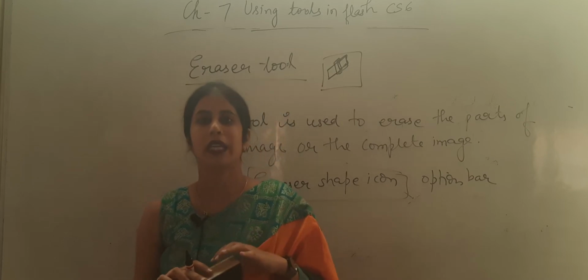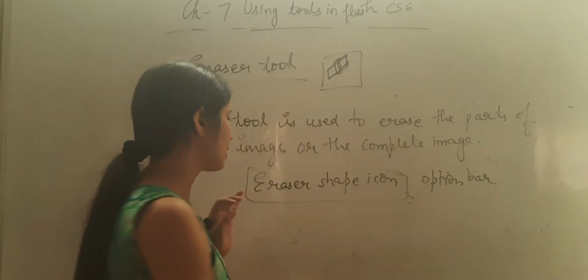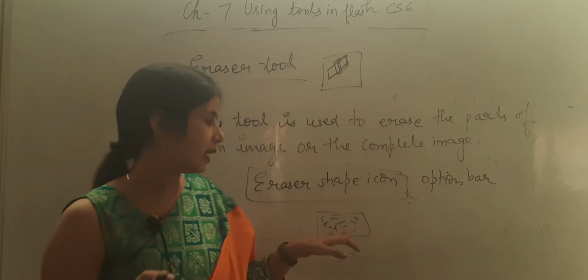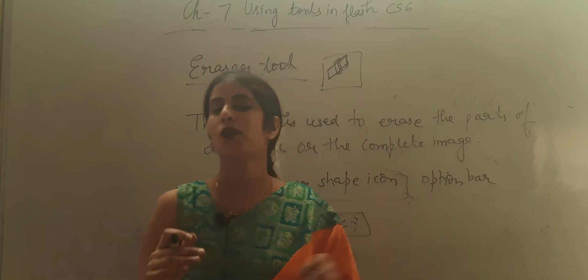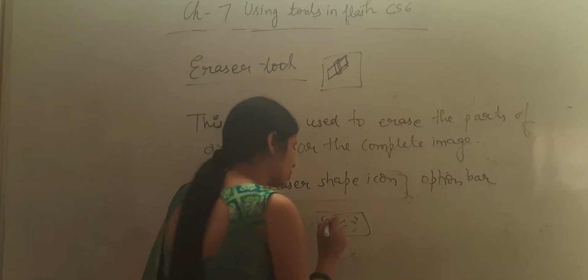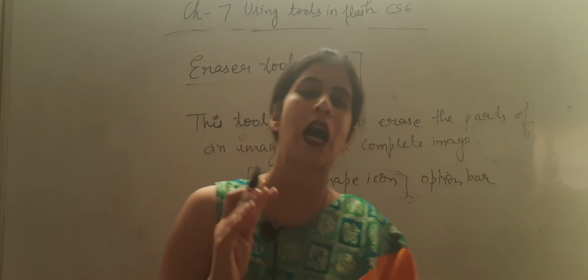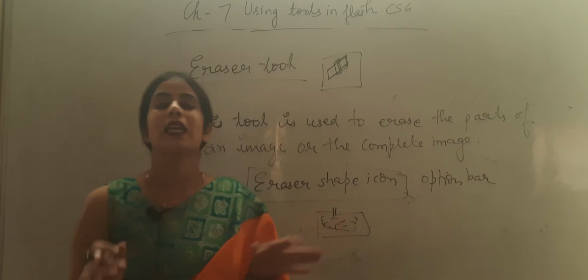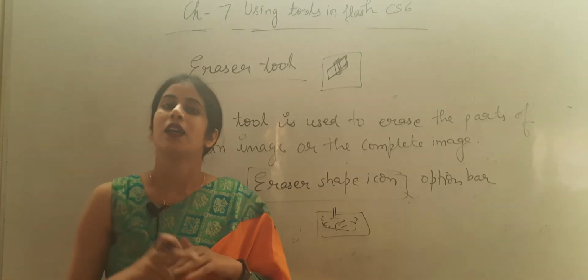If we want to erase the parts of the image inside, suppose this is a rectangle and inside it I have some filled area, so if we want to erase the area inside, we will use erase inside mode. If we want to erase both the inside area as well as the stroke area, meaning the outline area, this mode is known as erase normal.